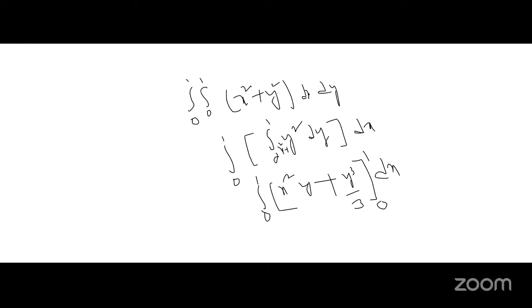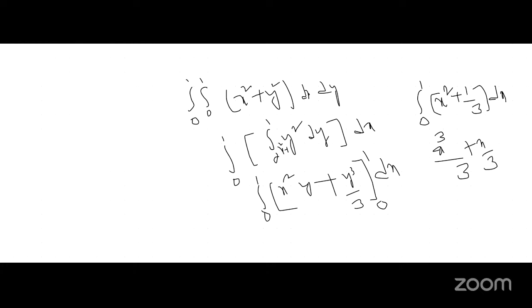Now the integral from 0 to 1 of x square plus 1 by 3, into dx. That becomes x cube by 3 plus x by 3.